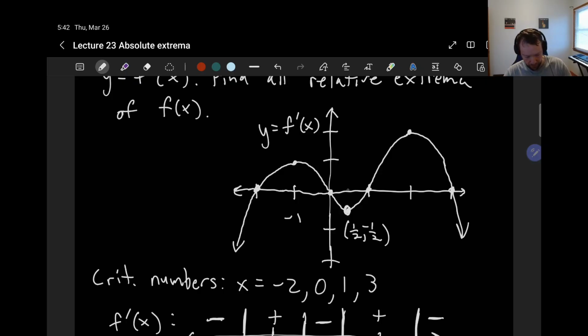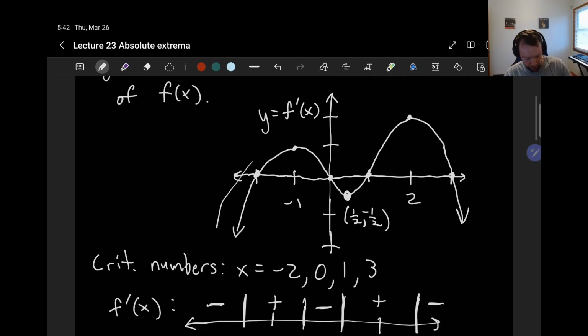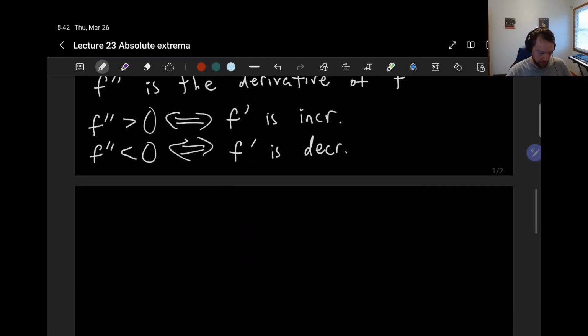And then we're increasing until we hit x equals 2. So from -infinity to -1, we're increasing. And from 1/2 to 2. So that's when f is concave up, because the second derivative is positive.